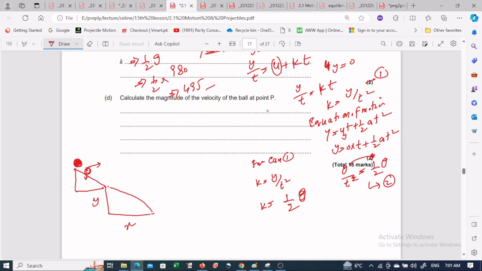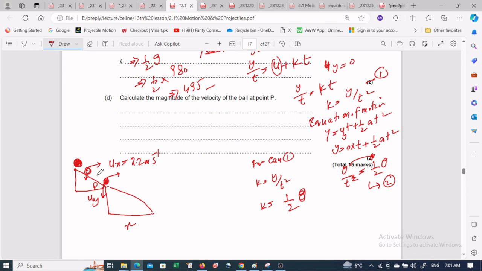So at this point P, it has two components, the y component and the x component. The x component we have already found, ux is equal to 2.2 meter per second.